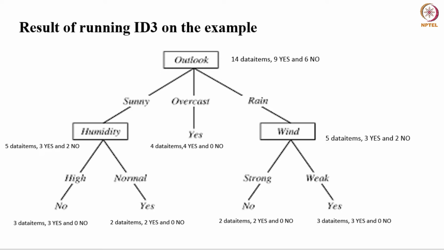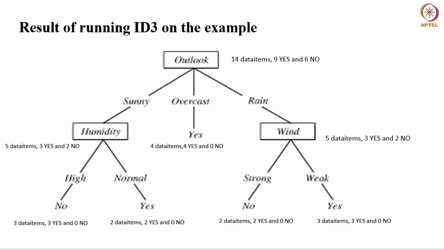As you can see, given the decision of considering those features in that order, the data set was partitioned so that 5 data items were associated with the outlook sunny case, 4 with the outlook overcast case, 5 items with the rain outlook case, and so on.